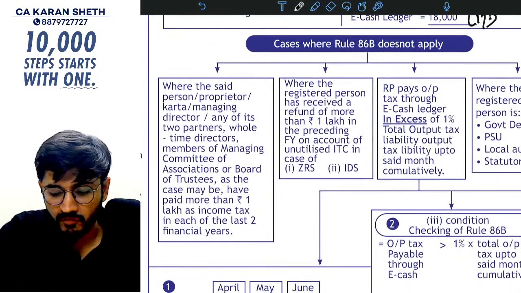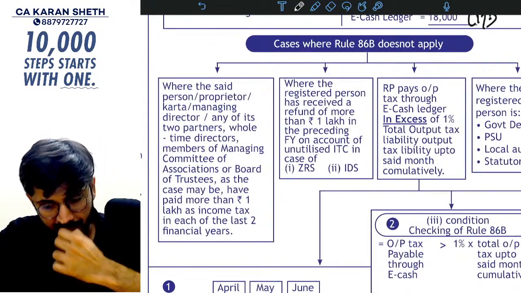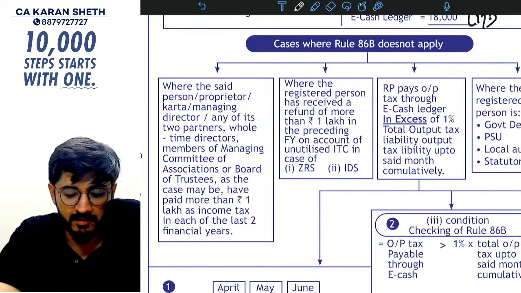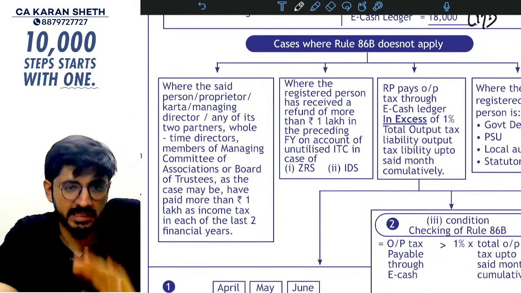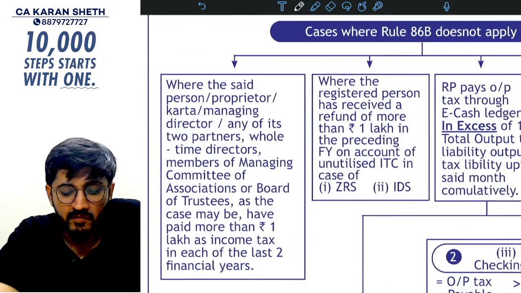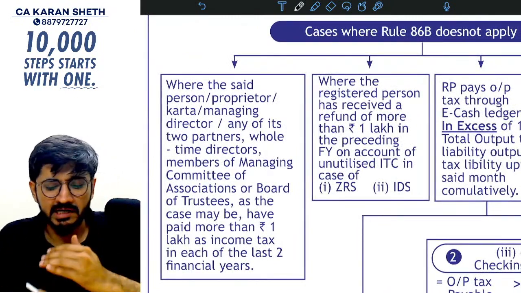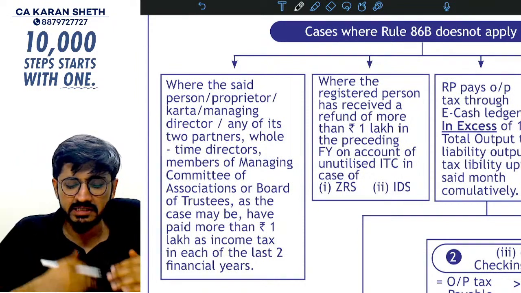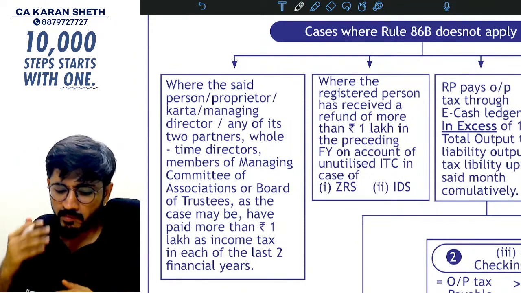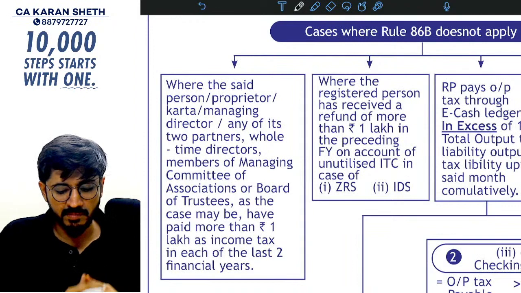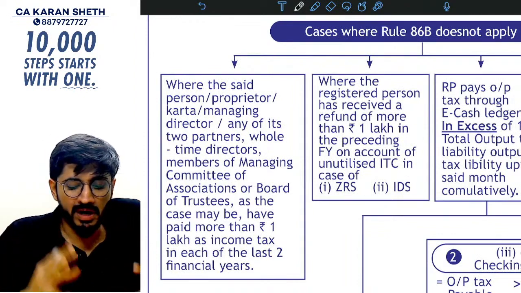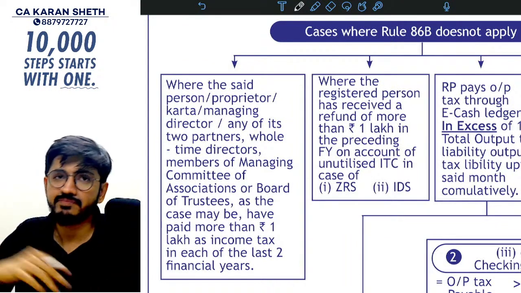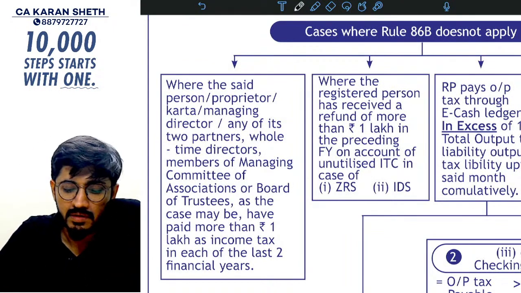Now, which are the four situations where rule 86B does not apply, which basically covers most of the cases? First, where the said person, proprietor, karta, managing director, any of the two partners, WTDs, managing committee of associations or board of trustees, as the case may be, have paid more than 1 lakh as income tax in each of the last 2 financial years.